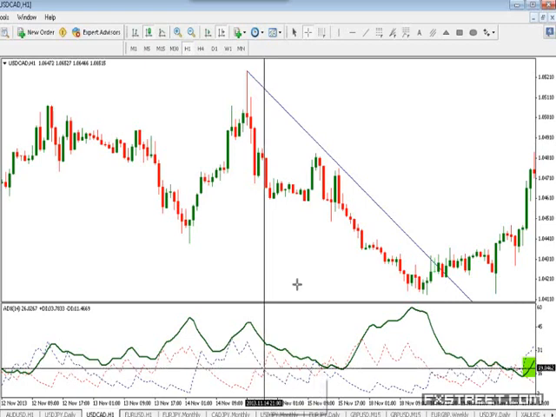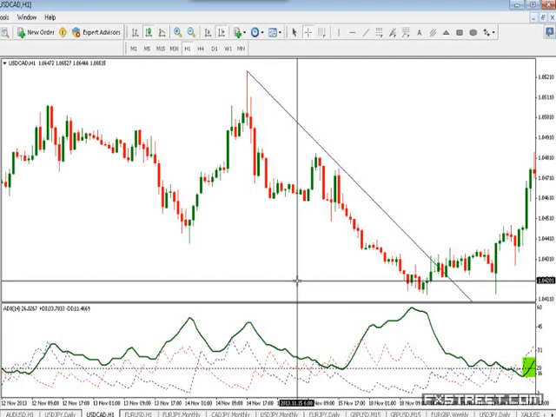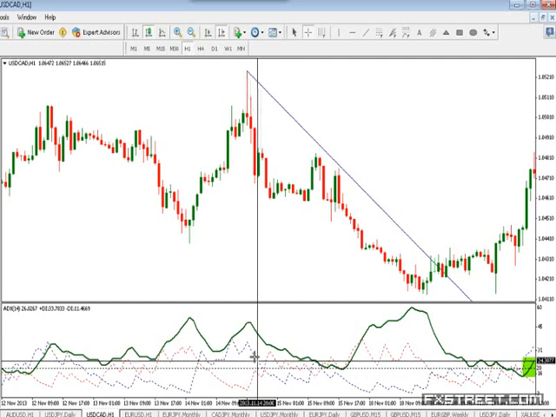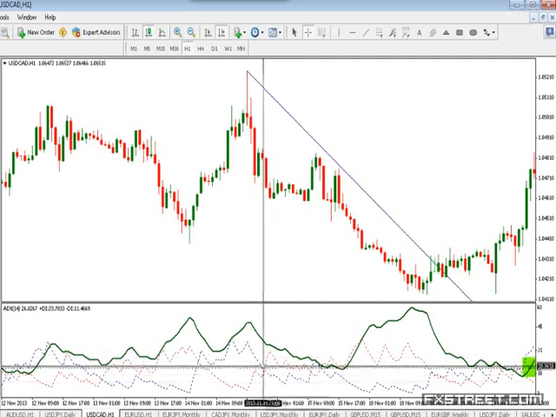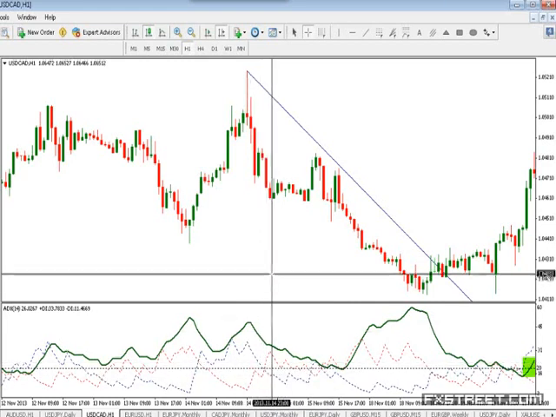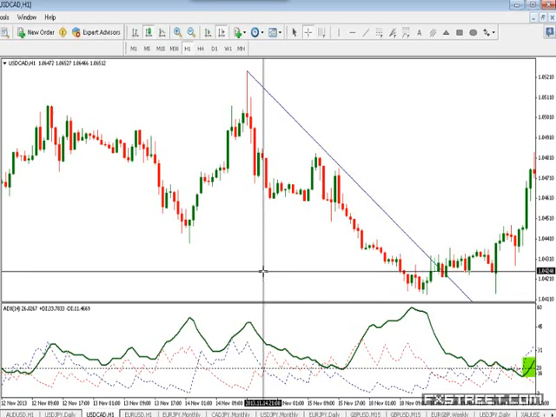The plus DMI is the blue line, the minus DMI is the red line. So when the blue plus DMI line crosses below the red line, or you can say the red line starts moving up, it means that price has gone into a downtrend.